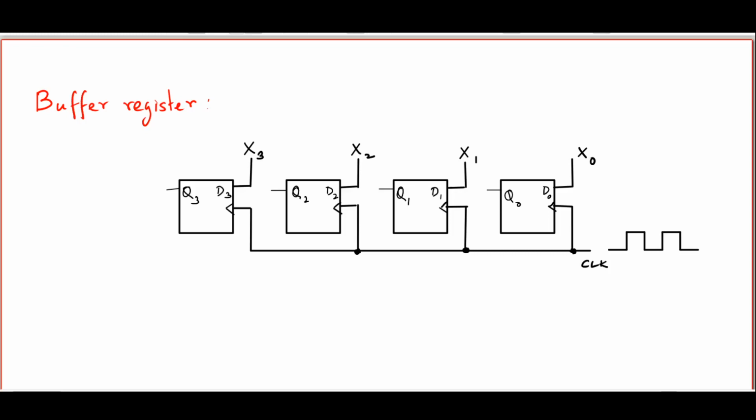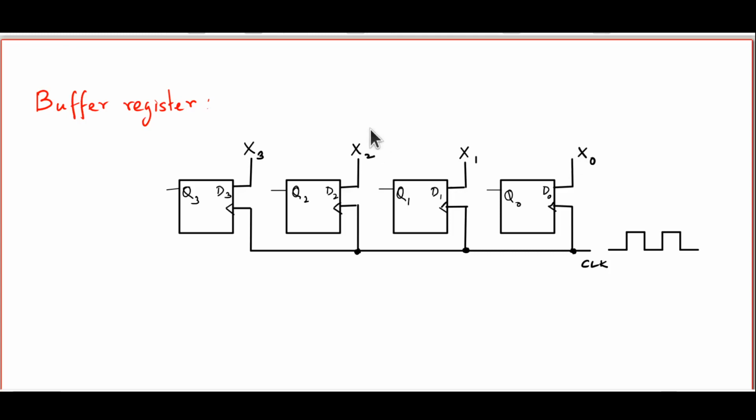Here, because we are storing a nibble or 4 bits, we are actually using 4 D flip-flops. We are not indicating every one of the inputs here, but the important things are you have the input D, you have the clock, and you also have the output Q. Q bar we are not showing simply because Q bar is just the complement of Q. Now the inputs to the 4 D flip-flops are given from the 4 bits which make up our nibble.